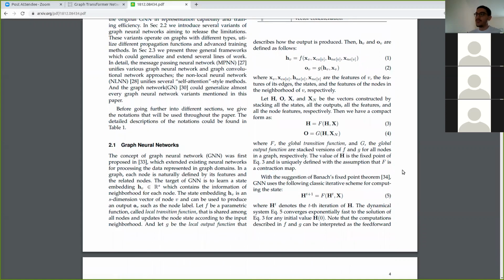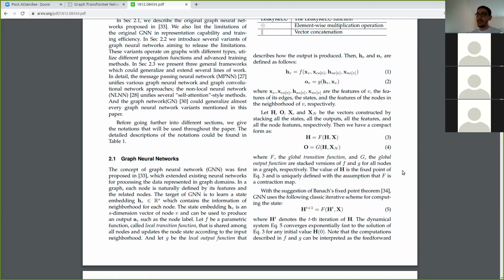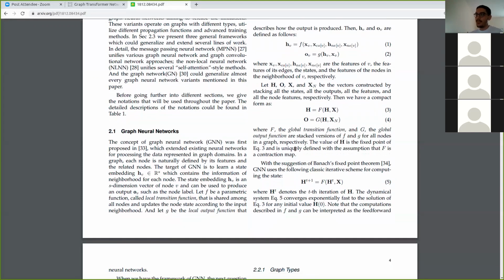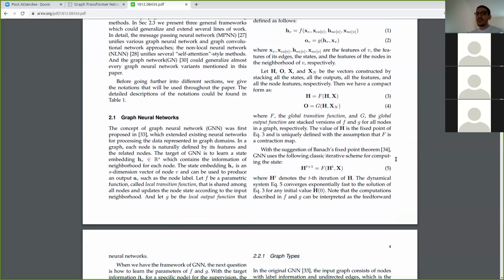Then you can reach the fixed point, the fixed point vector representation for each node, by just iterating on the function, and this is by Banach's fixed point theorem. You can think of iterating on the function as follows: in the first iteration, the node receives information from its neighbors, and in the second one, it receives information about its neighbors' neighbors, and so on.